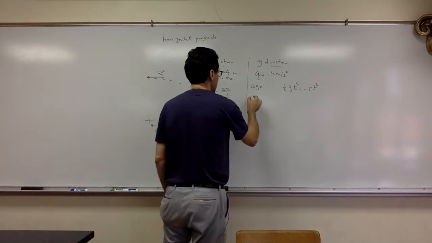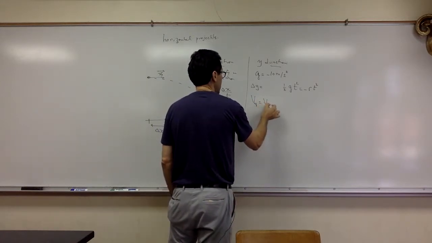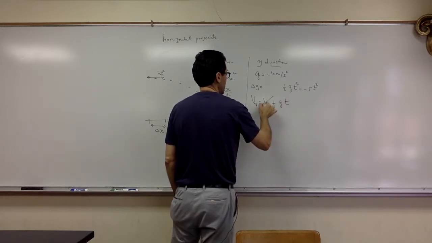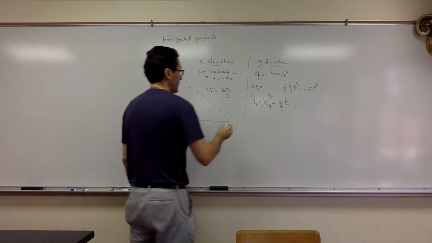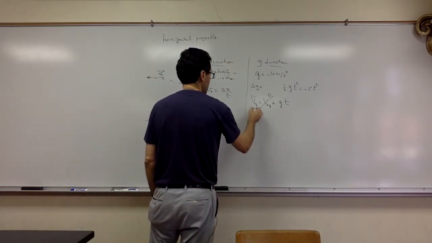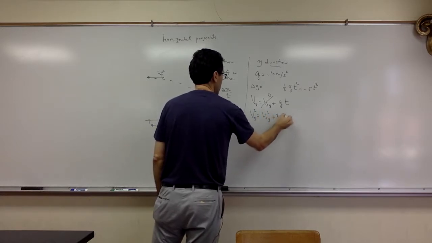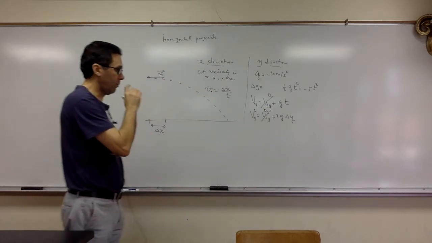Okay. The other equation is v in the y direction is v0y plus gt. Well, this one is gone, 0. Okay. The other one is Vy squared is V0y squared plus 2g delta y. It's gone, it's 0.